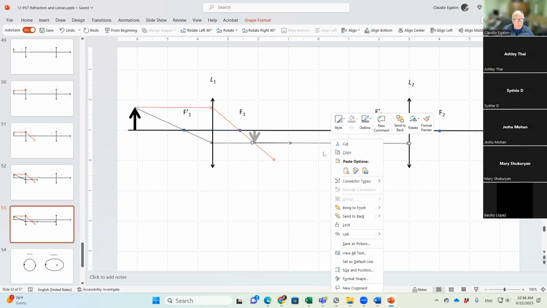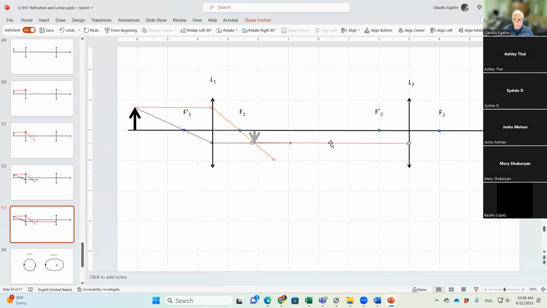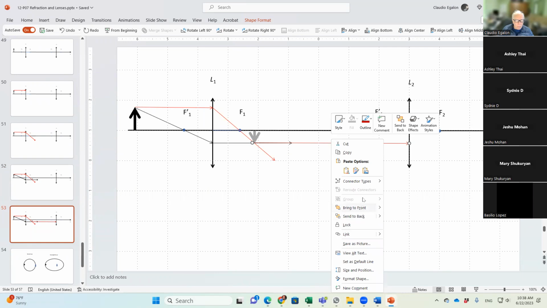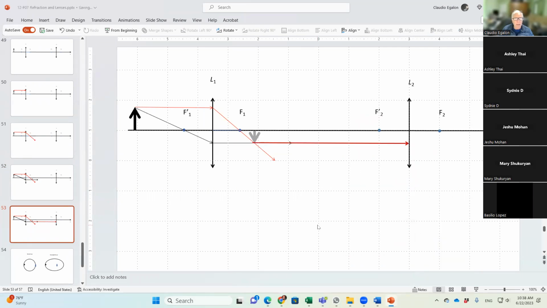I'm going to put a different color as well. Red, let's put this color. A little bit thicker to look nicer.